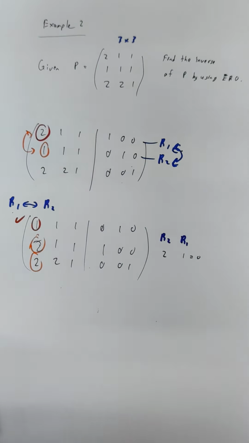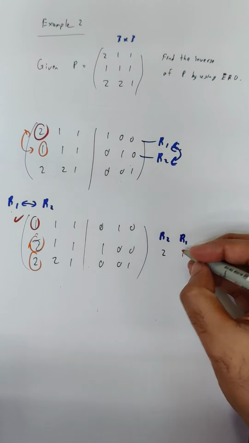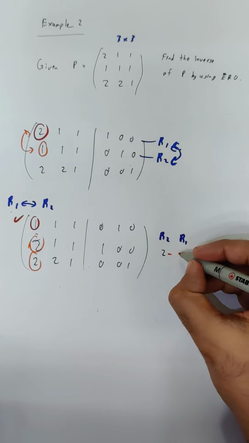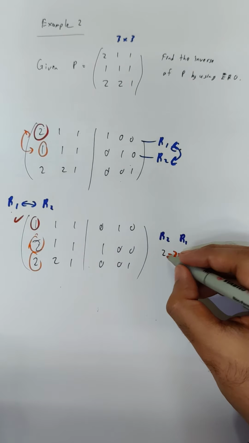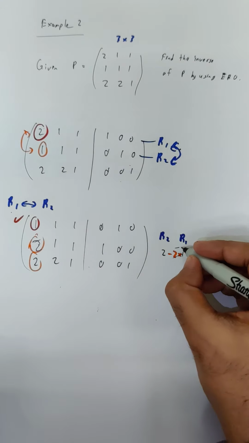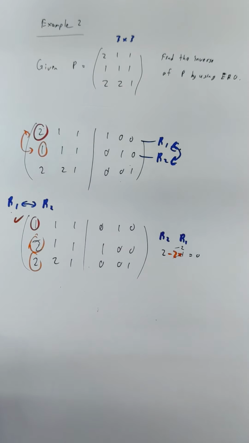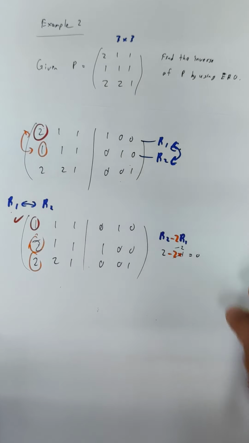How do 2 and 1 interact for me to get 0? As we did in the previous example, you minus 2 times 1. That's how I got 2 minus 2 times 1. 2 minus 2 equals 0. Are you guys okay? This minus 2, I write it down up here, so that's our multiplier.